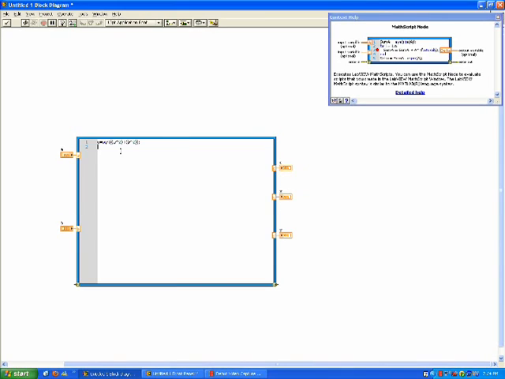So we have that x is equal to, open parentheses, and again we write a cos, which is the inverse of the cosine. We write what we're dividing, which is b divided by c, close parentheses, multiply by 180, close parentheses, and divide by pi, and semicolon.